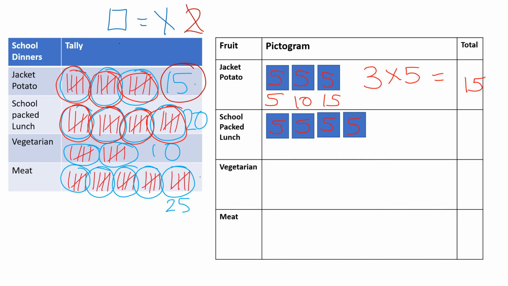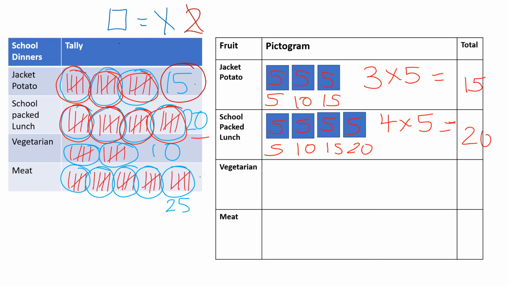Right, put 5 in each of those. So we've got 5, 10, 15, 20, and the total is 20. Correct. So it's 4 squares with 5 in each, and it makes 20. Very good. I hope you got the same answer too.